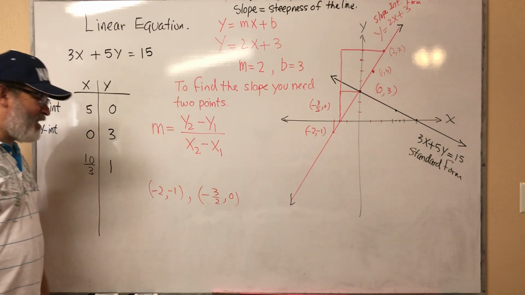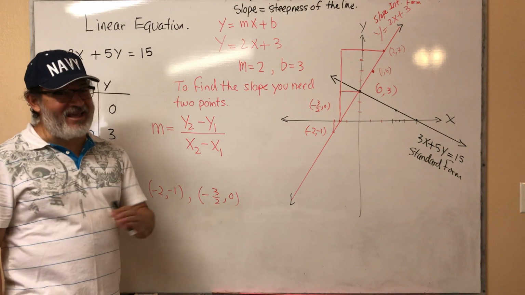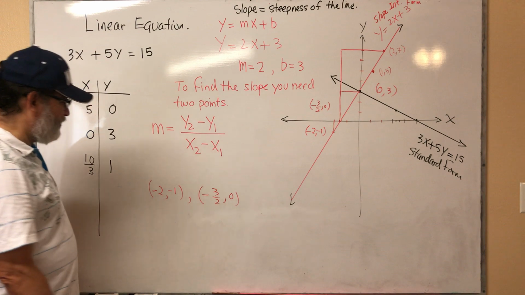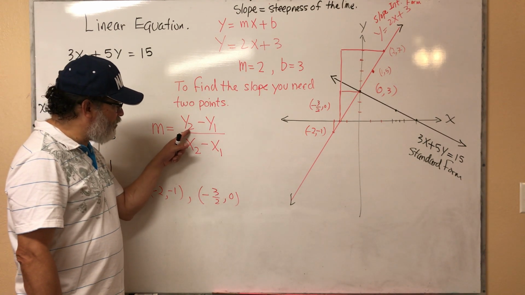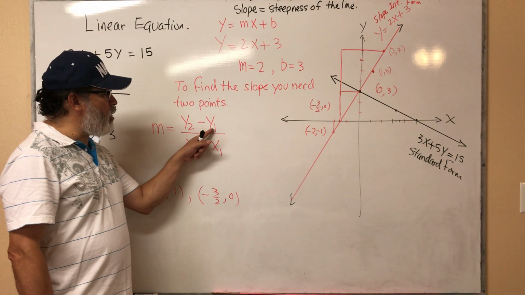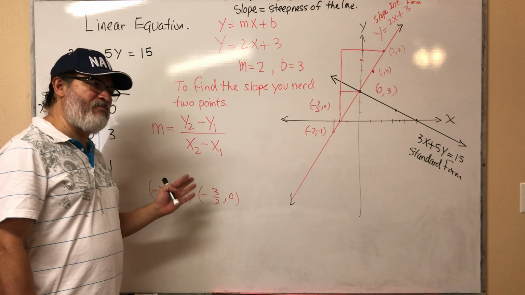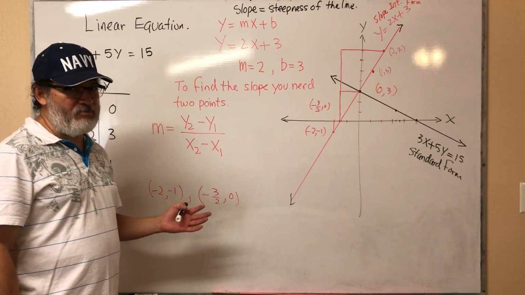Okay, I'm gonna use the formula and we're gonna get the same slope. The formula says the y-coordinate of the second point minus the y-coordinate of the first point. So we make one of them the second point, the other one the first point. It does not matter which one you make the second point or the first point.